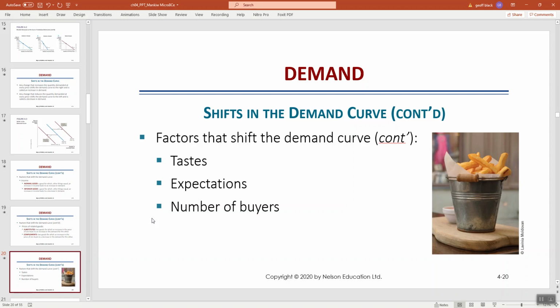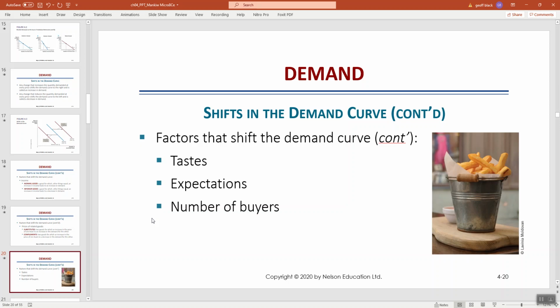The quantity demand of snow shovels can shift to the right. So that means the quantity demanded at all different combinations of price has gone to the right. Expectations would cause that. There would be an increase in quantity demand for snow shovels if we were having a forecast of snow next week.